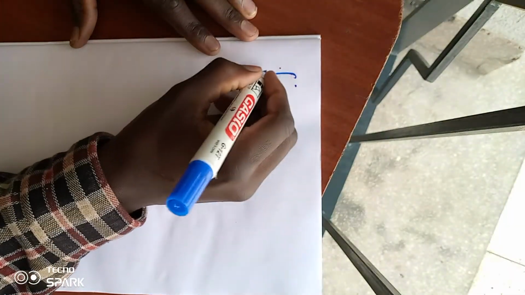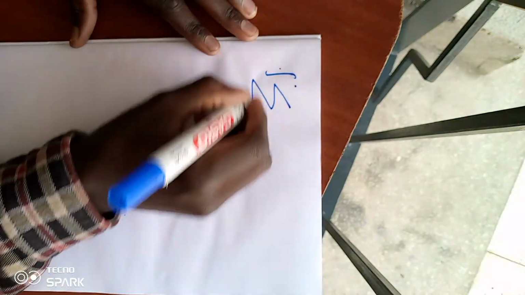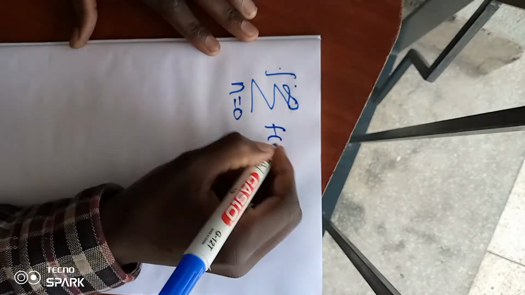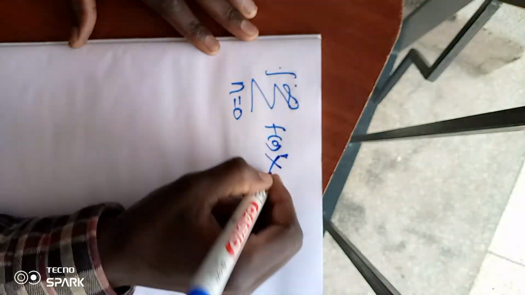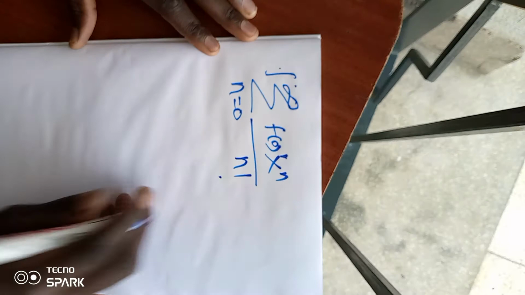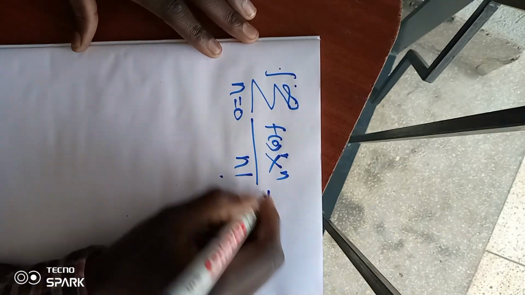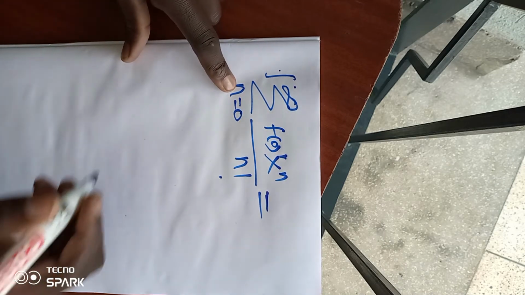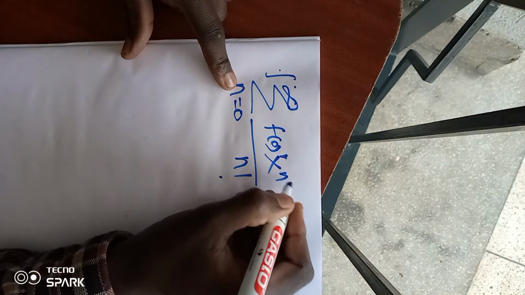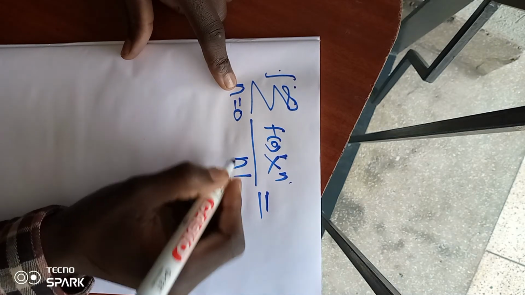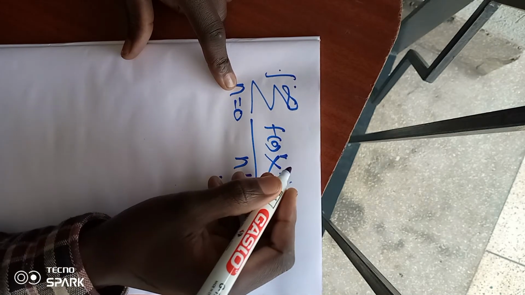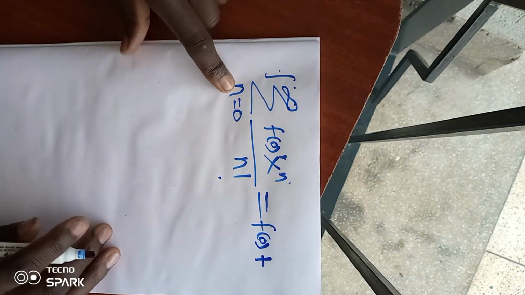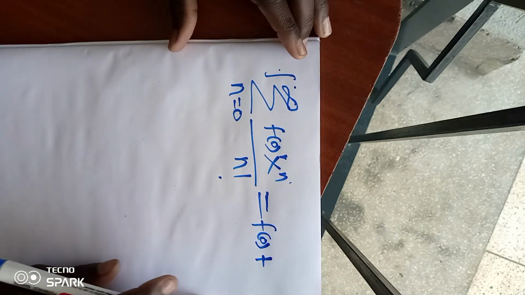Our Maclaurin series is in this form. We'll have to break it down to be simple. When n is 0, x is raised to power 0 over 0 factorial, so it will just remain like this.